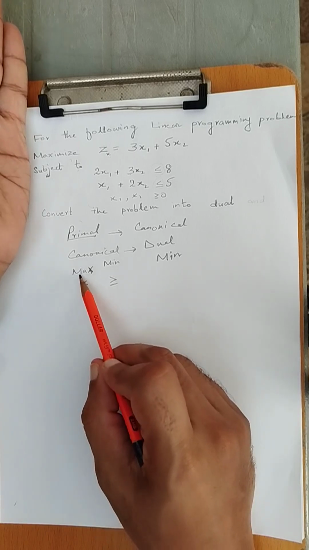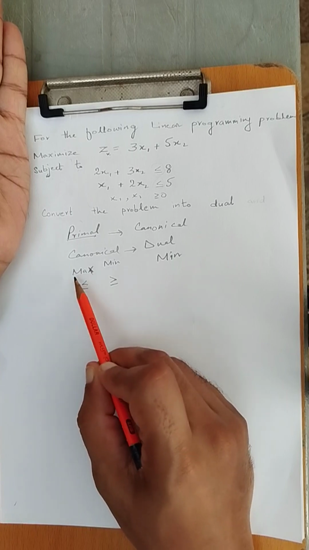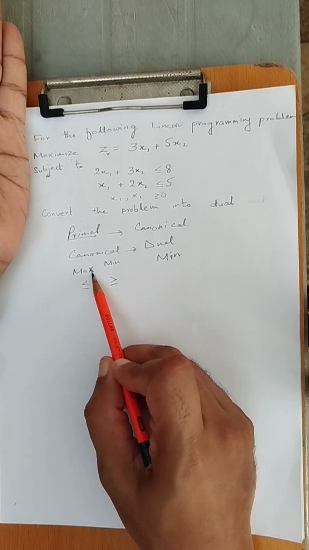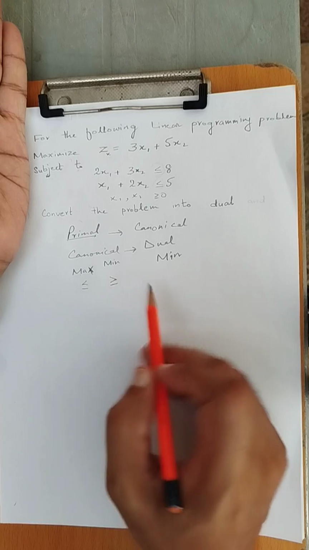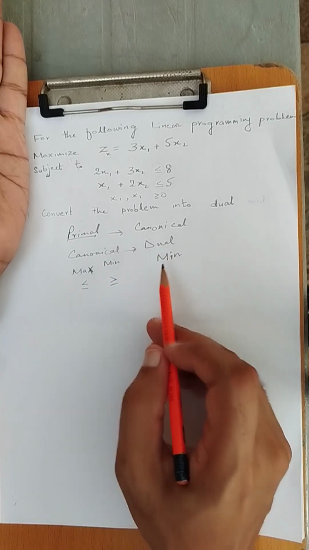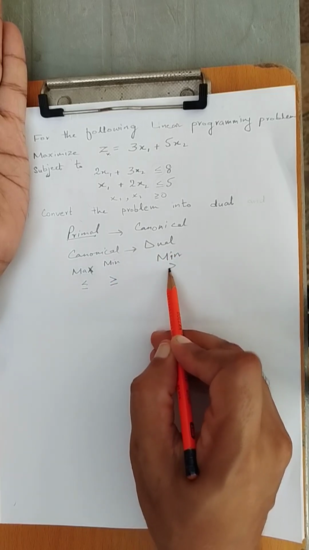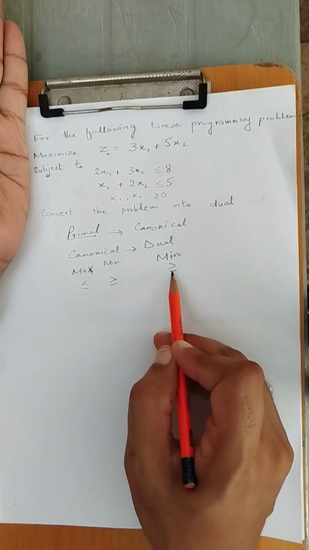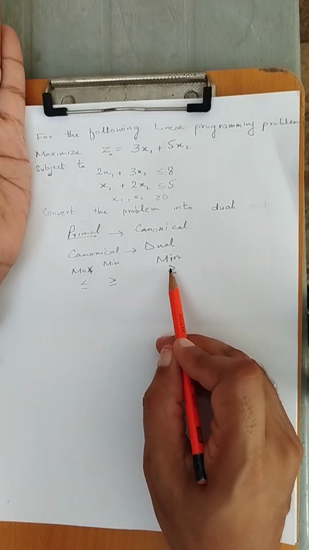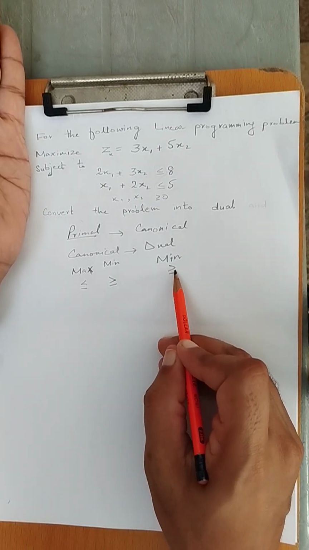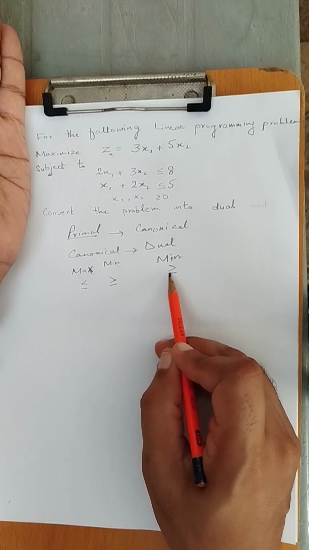Over here the profit is being maximized. Over here in the dual form, the cost has to be minimized. And whenever the cost has to be minimized, the inequality must be greater than or equal to.